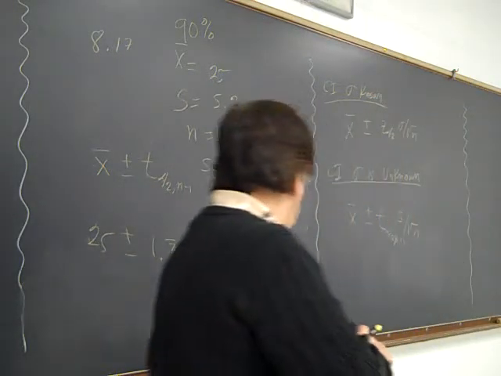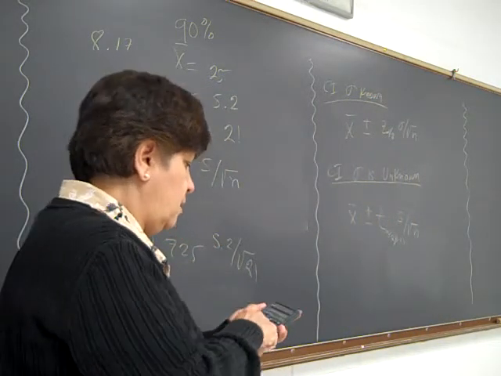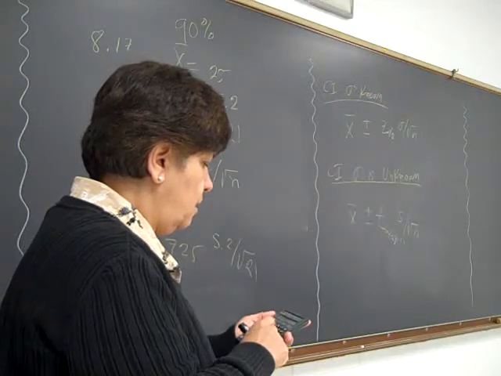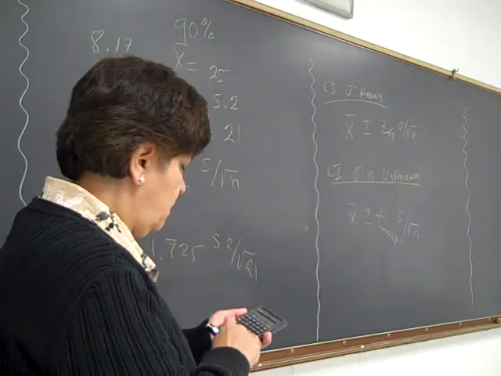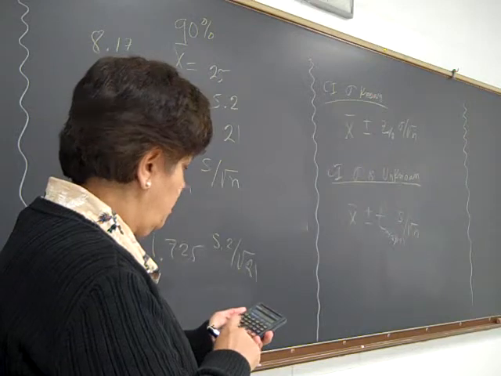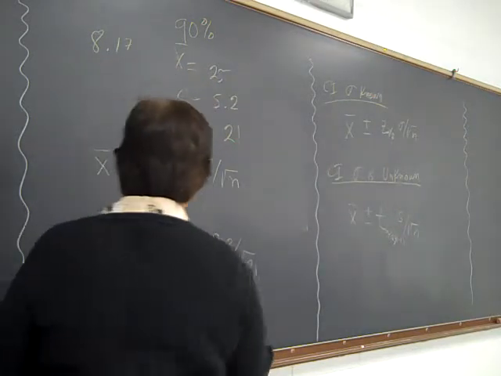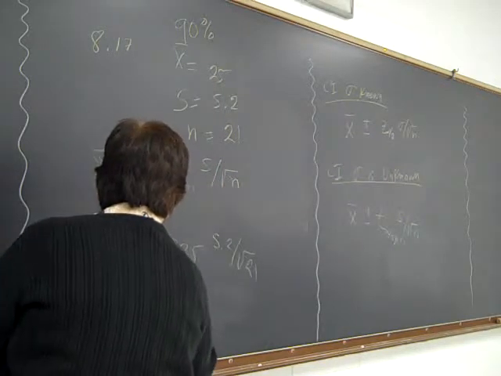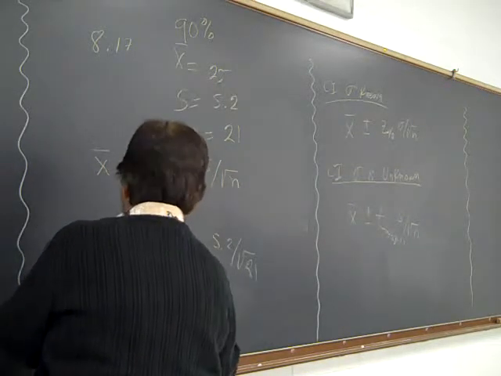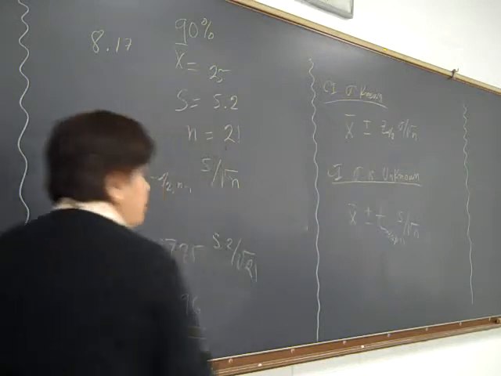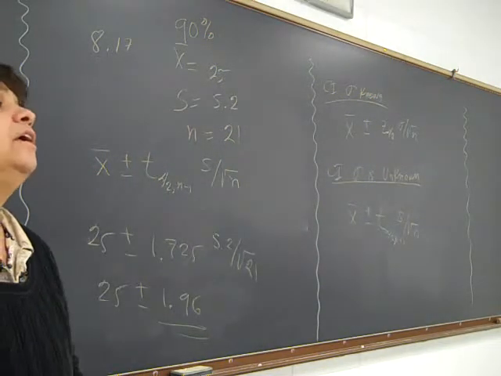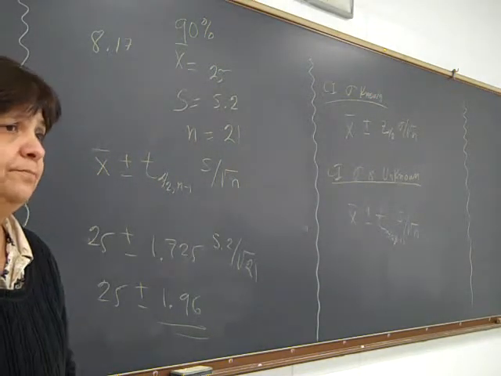So we have 25 plus or minus 1.96. Okay, remember 1.96 is the margin of error.